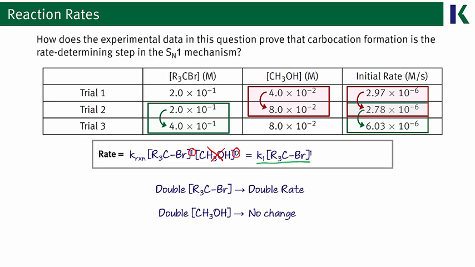This tells us that whatever the rate law for the first step is, it must be the slowest step overall, since it literally and mathematically determines the rate for the whole reaction mechanism. In short, these experimental data support our original hypothesis that carbocation formation is the slowest step because forming a carbocation is so hard to do in the first place.